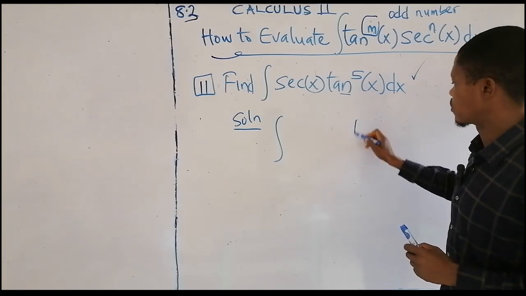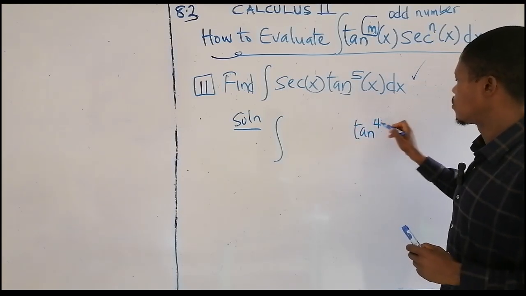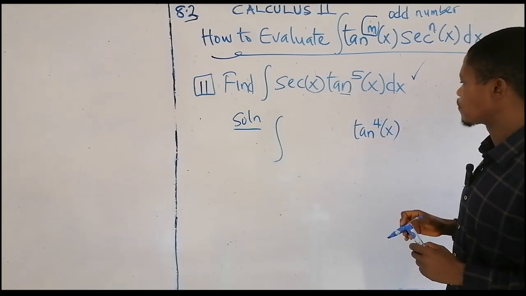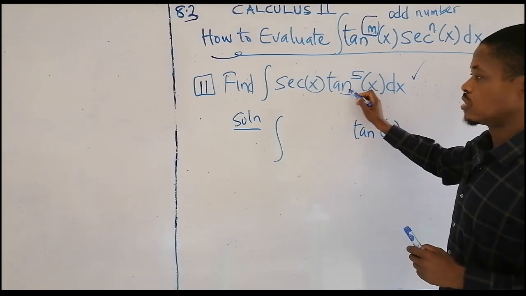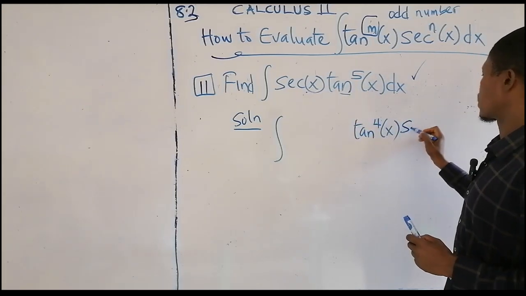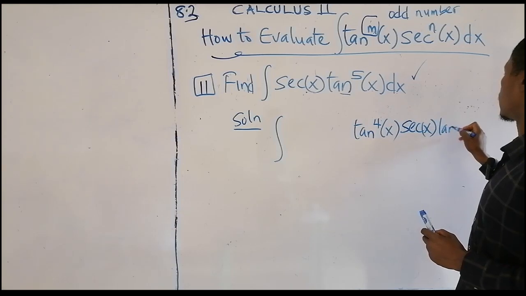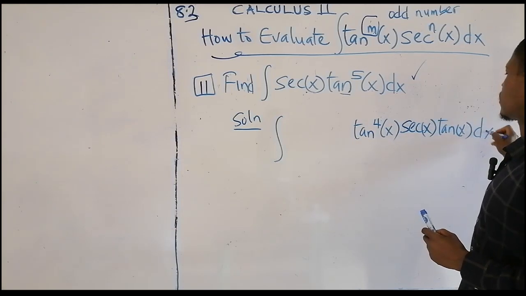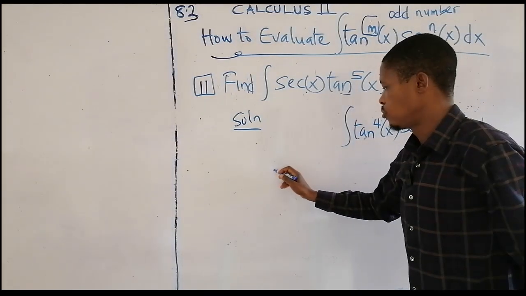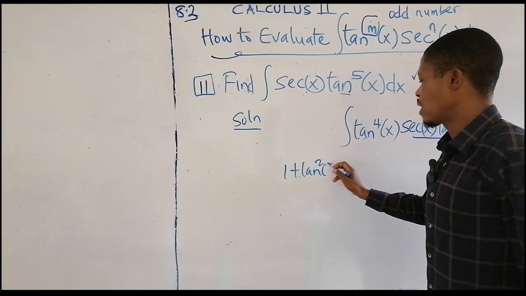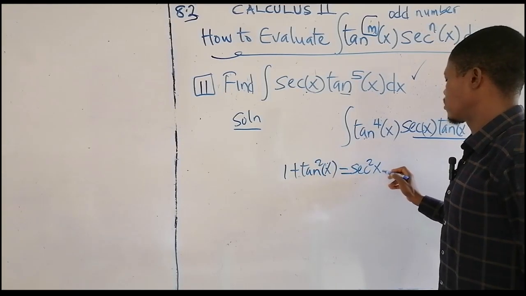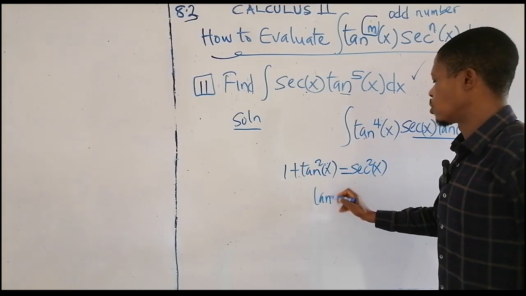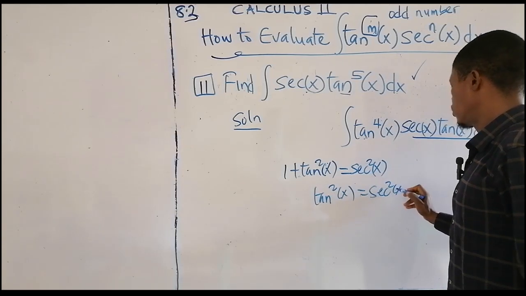So we now have tan to the power 4 of the function, and then we combine the other one with this one, and that gives sec x tan x dx. Then the next thing to do is to use our identity: 1 plus tan square x equals sec square x, so tan square x is equal to sec square x minus 1.